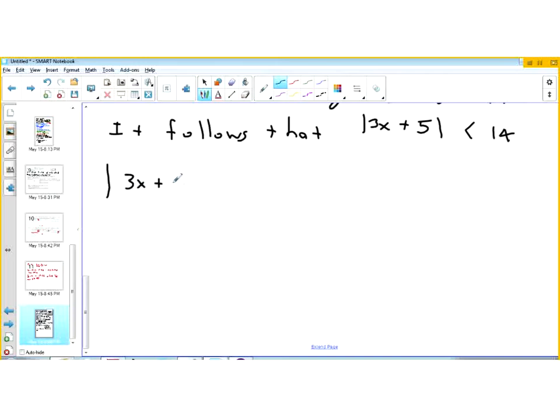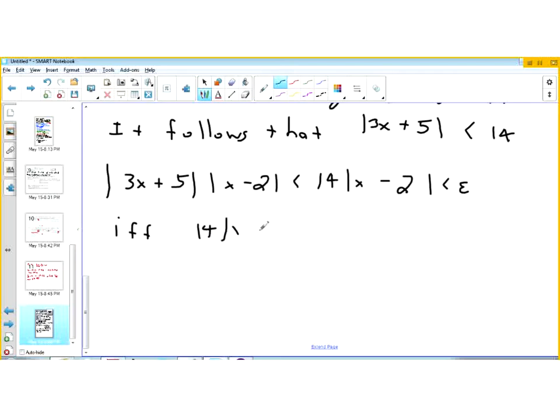All right, so with this notion, we'll substitute into the original inequality for f of x. So we once had this expression being less than epsilon, but we now have an upper bound for the absolute value of 3x plus 5. And as promised, that has to be less than epsilon.